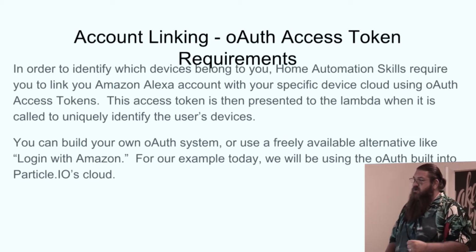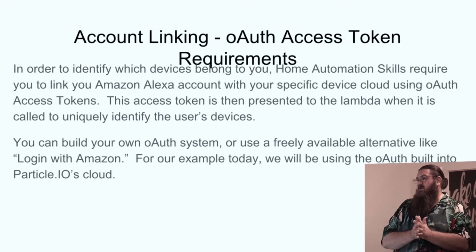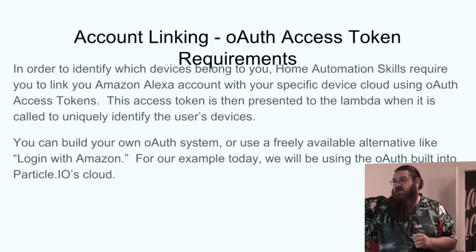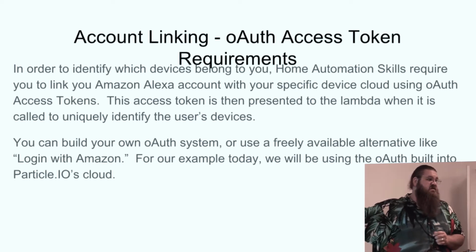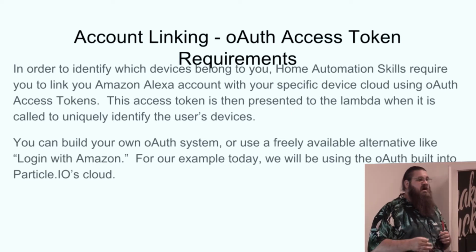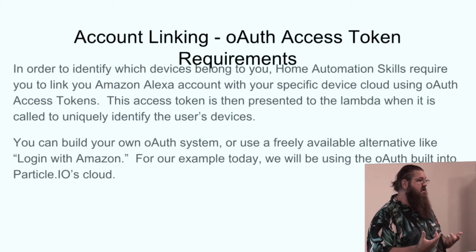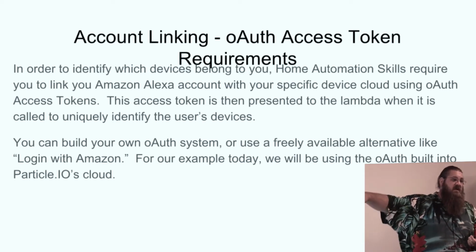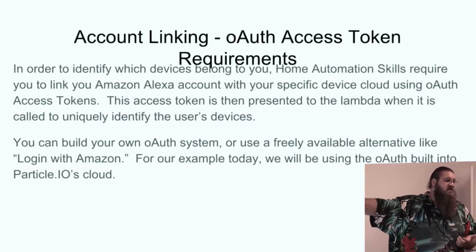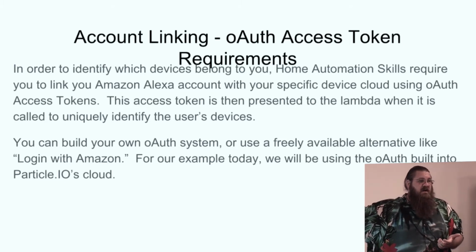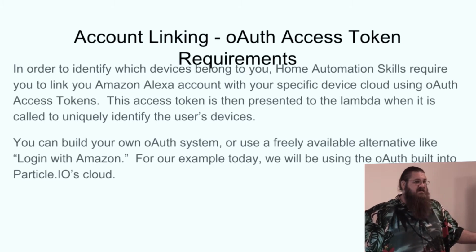You can build your own OAuth system. You can use freely available alternatives. Login with Amazon is actually a very, very good one to use, especially if you're playing around with your own skill. You can use a Login with Amazon account to fulfill the requirements to get your skill up and running without the need for someone else's system.